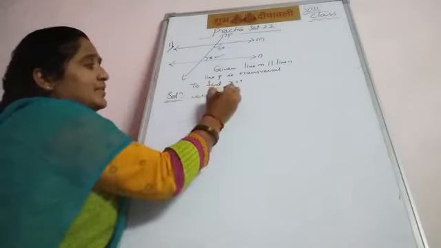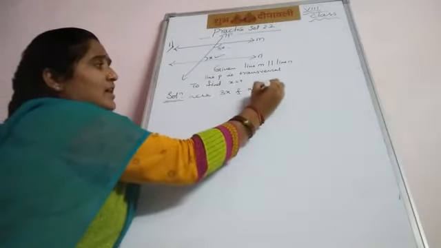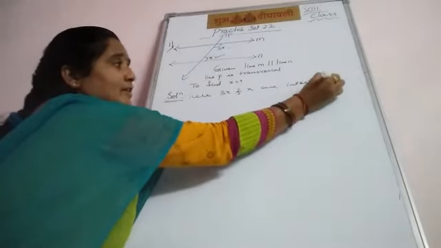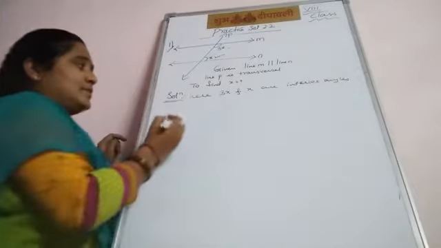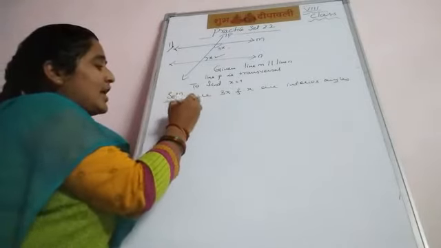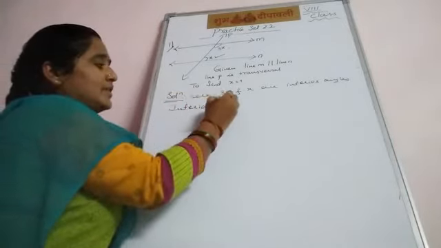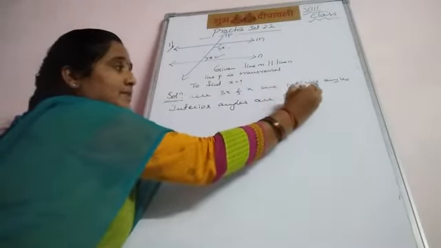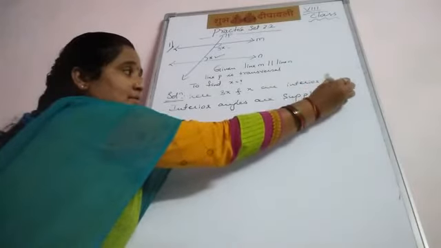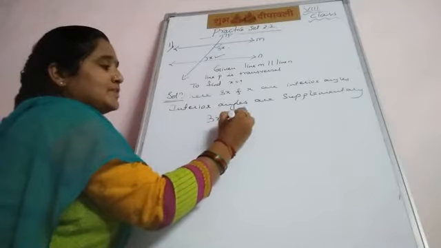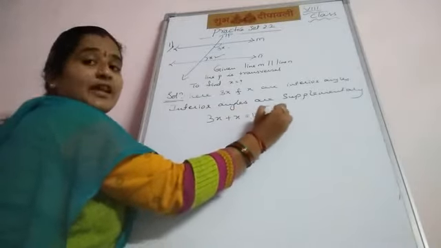Here 3x and x are interior angles, and interior angles are supplementary. So you add 3x plus x equal to 180 degrees.